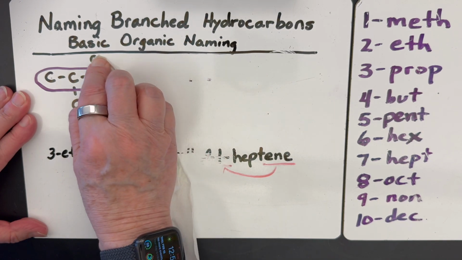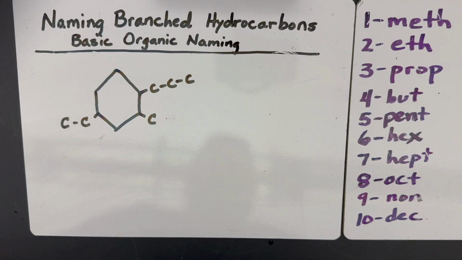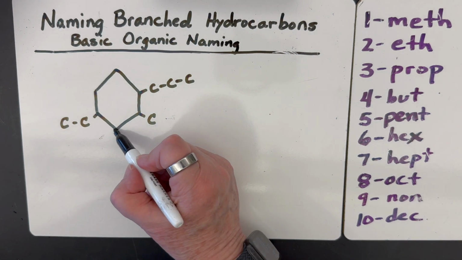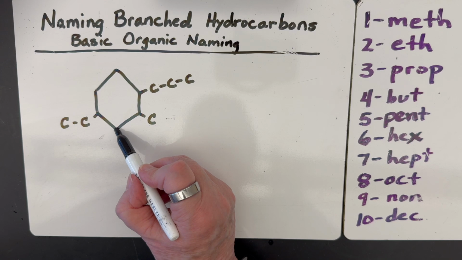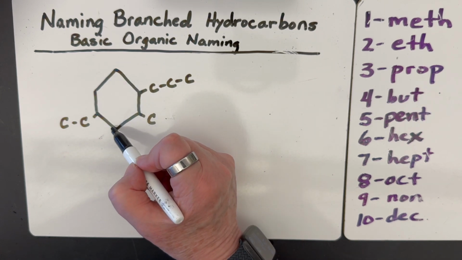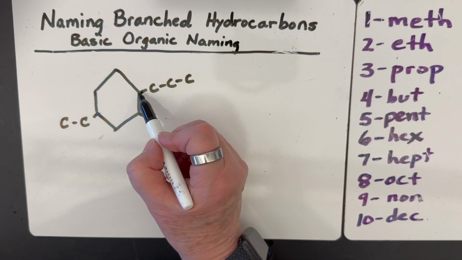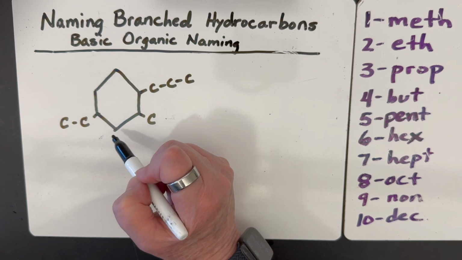Let's try a cyclic compound, a ring structure. When it's written in this format with a geometric shape like this, each vertex, each corner is a carbon. So this ring has 1, 2, 3, 4, 5, 6 carbons in the ring.